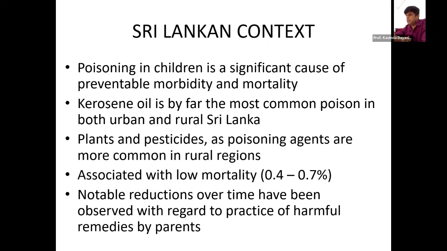Children have access, they ingest, and they are more prone to toxicity with an unsafe home environment. Because these ingestions are accidental, the dose is low, and the mortality is quite low compared to adult poisonings.